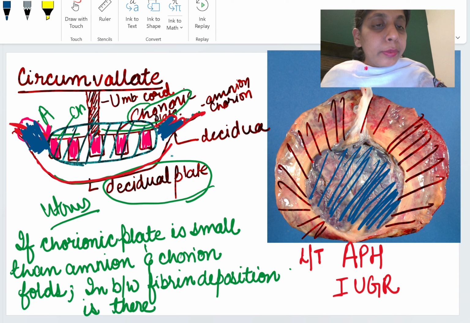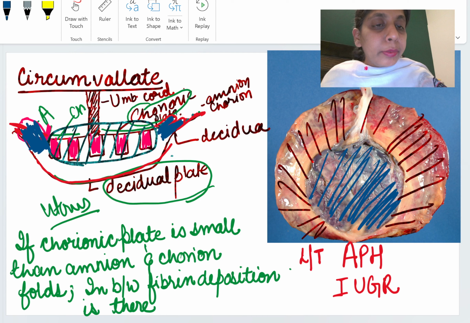Now this fibrin deposition leads to APH, antepartum hemorrhage, that is premature separation of the placenta, and it leads to IUGR. And it leads to IUGR because, as I have already told you, chorionic villi are very few, because the chorionic plate is small and chorionic villi are fewer, so proper nutrition cannot go.